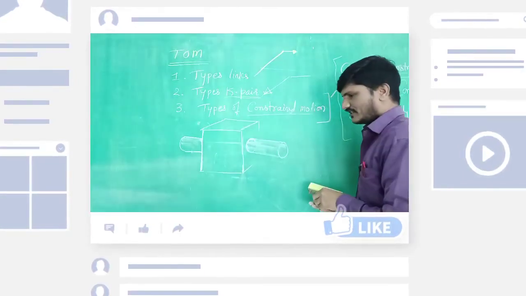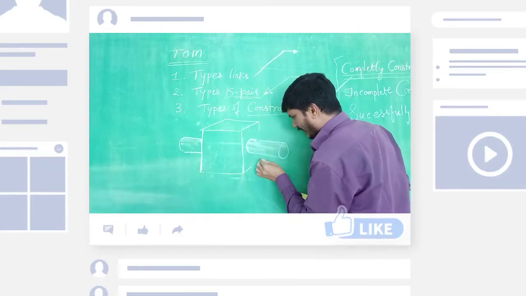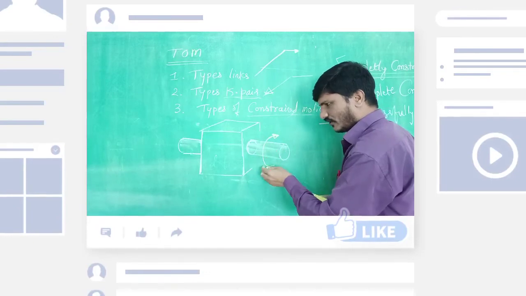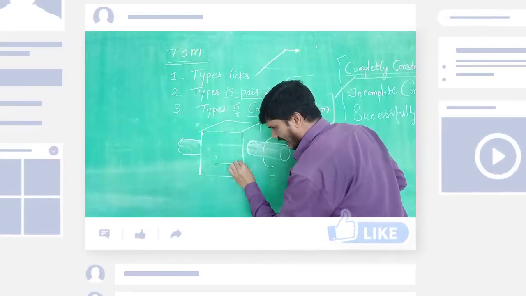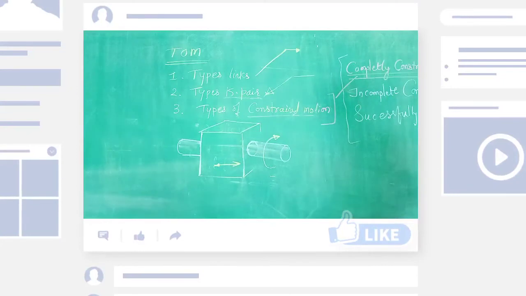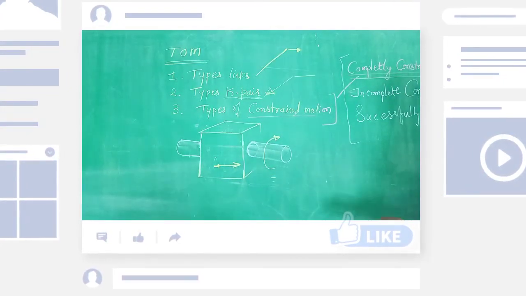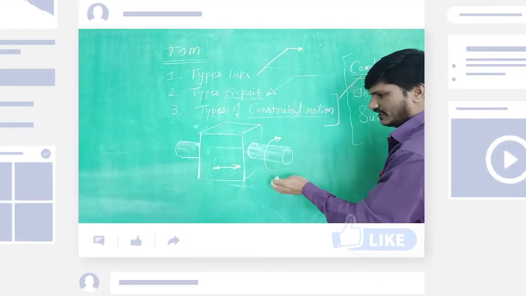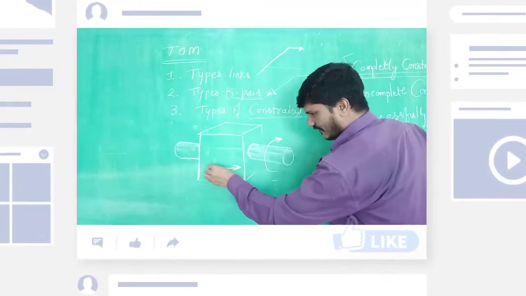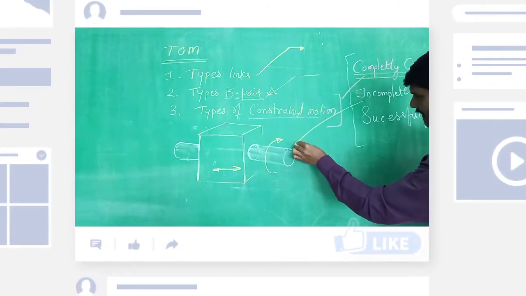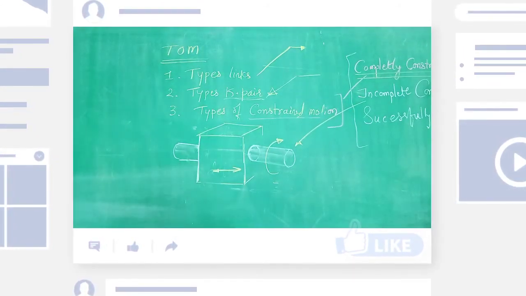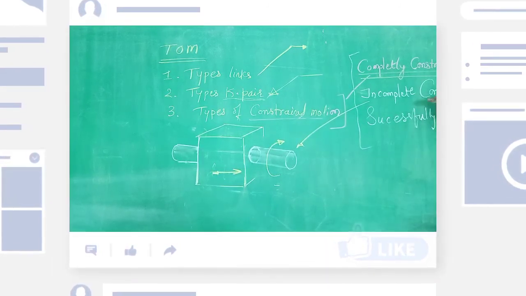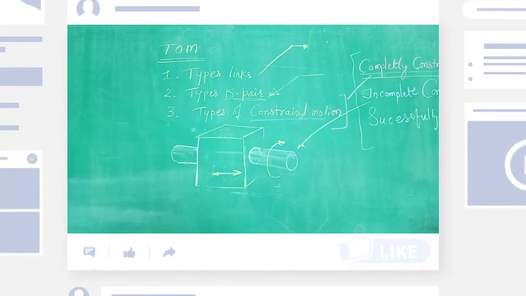This shaft can either make the rotation and also slide in the circular hole, right? So when the same operation gives motion in two directions, it is the example for incomplete constrained motion. Means when having two directions, it is the example for incomplete constrained motion.